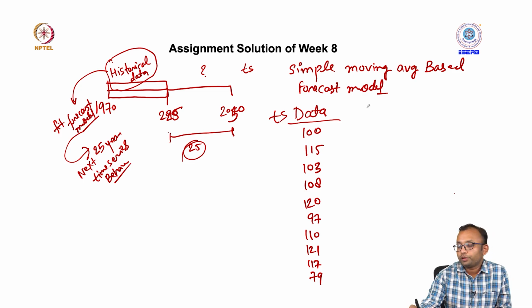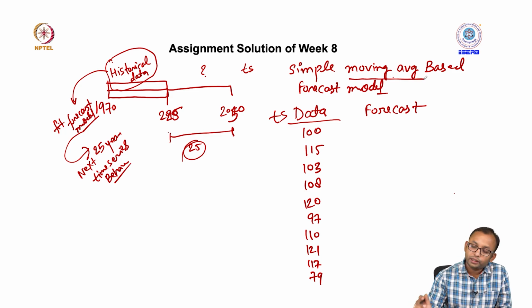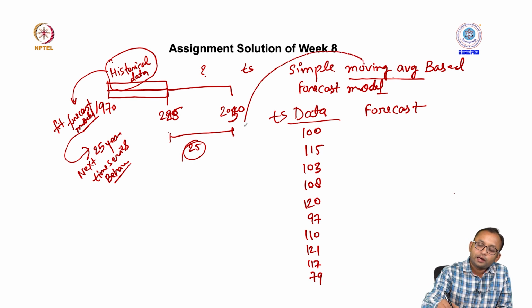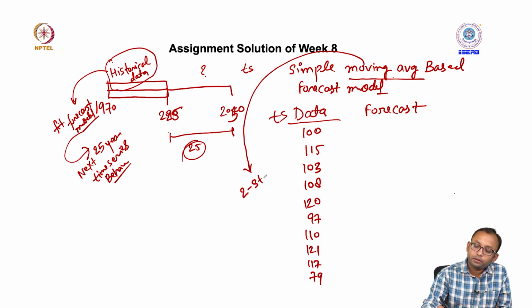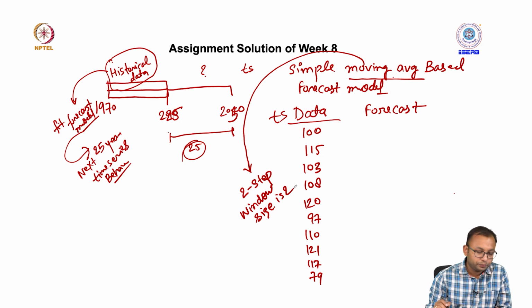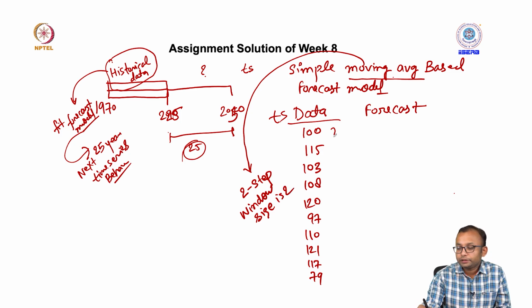Now you want to do some sort of forecasting using a simple moving average based model. Let us say in this case we are using a 2-step moving average, or the window size is 2, which means this is 2 values, this is another 2, this is another 2, like that.